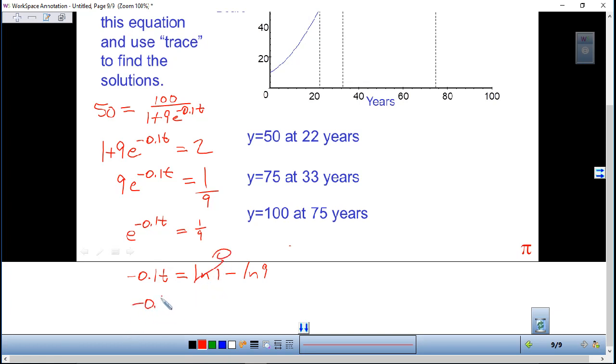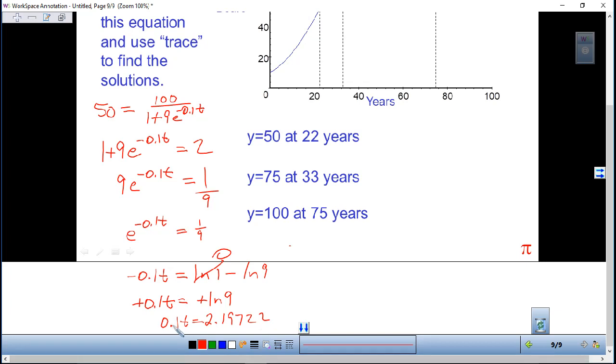So negative 0.1t is equal to negative natural log of 9. So I can go ahead and cancel my negatives out. The natural log of 9 is 2.19722.